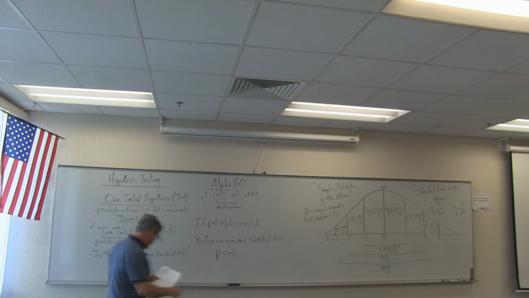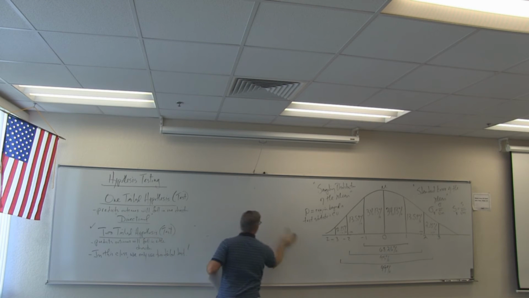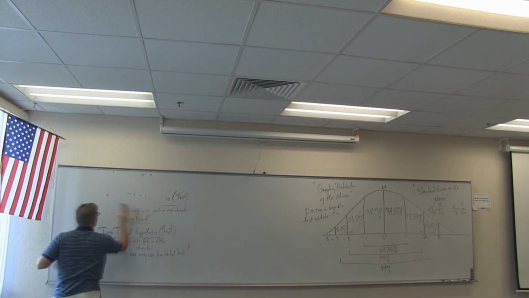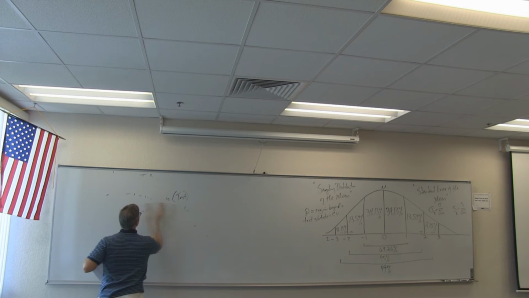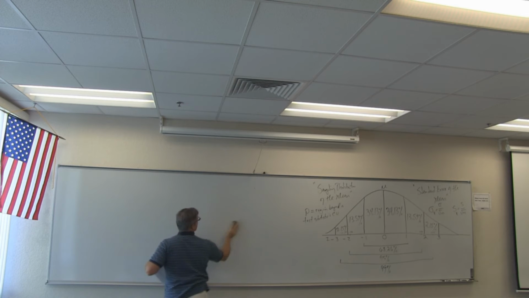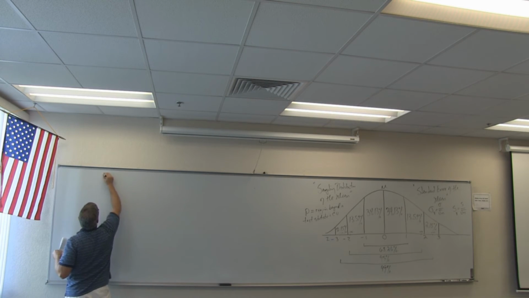I'd like to talk about statistical errors, or potential errors in statistical decision making. There are two of them, two potential errors: Type 1 error and Type 2 error.